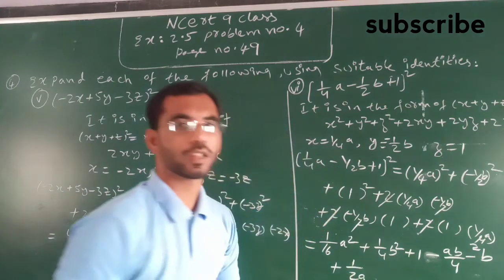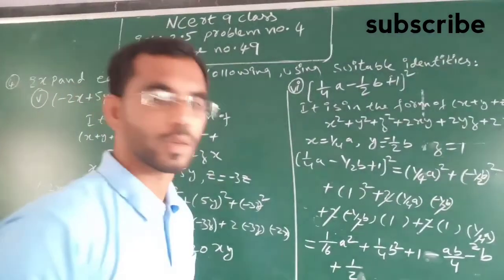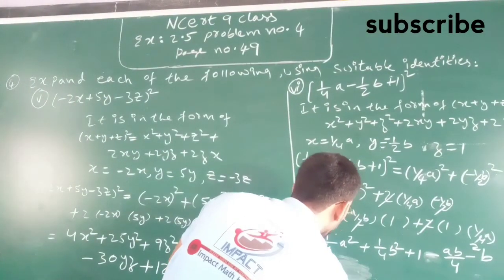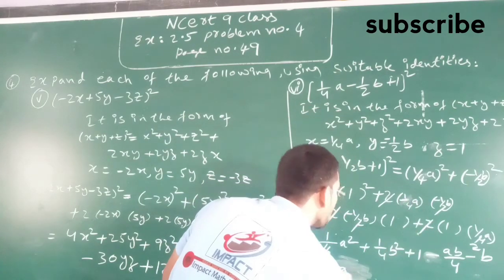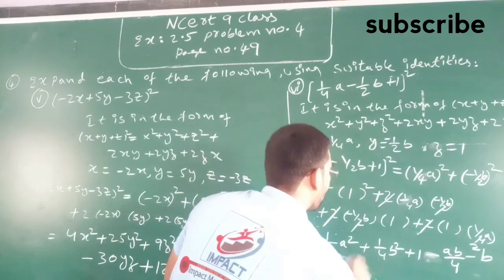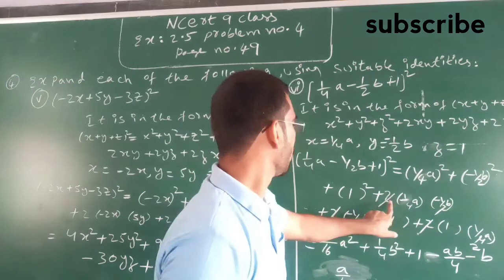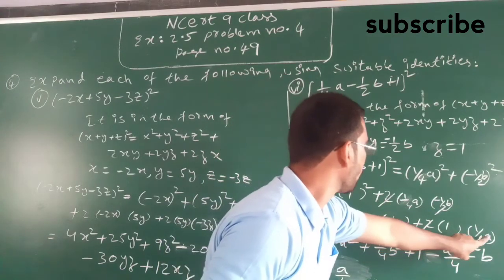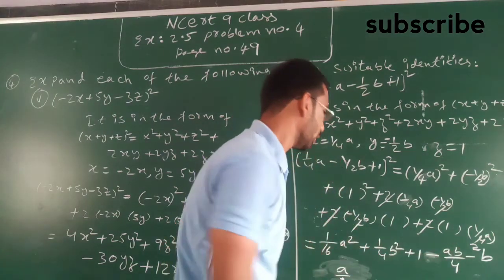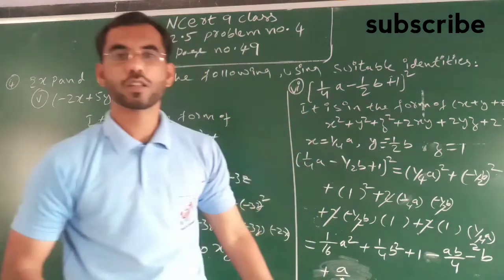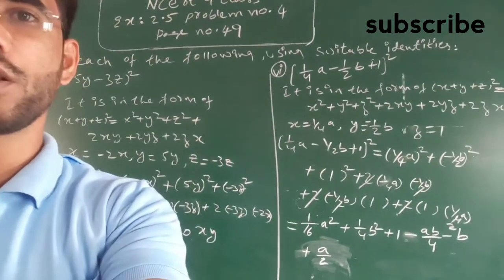See, it is not 1 by a; here a is in the numerator, so a by 4, minus a by 2, it will be a by 2. So this is the answer for this question, this is the total solution of this problem.